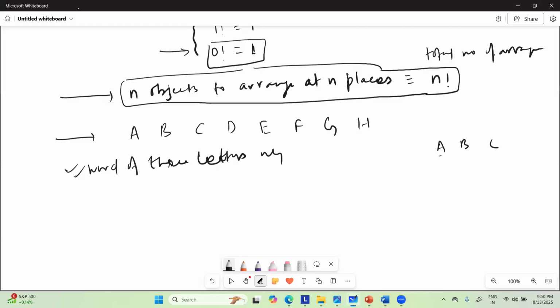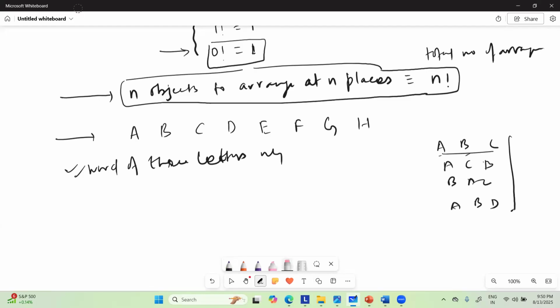So ABC is a word, right? Then ACB is also a word. Then BAC is also a word. Then I can have ABD as a word. So you can see there could be multiple words, even more than 26. If you pay a little attention, you will see more than 26 will be formed.